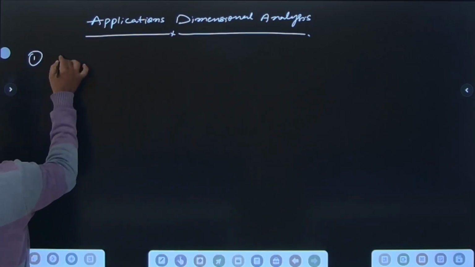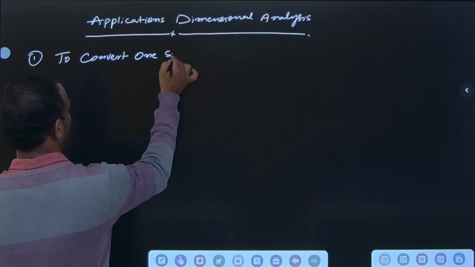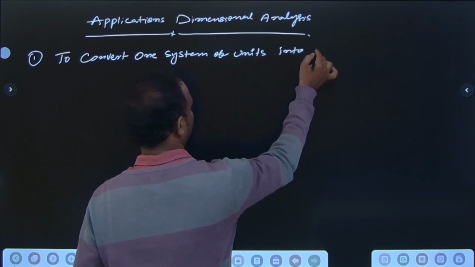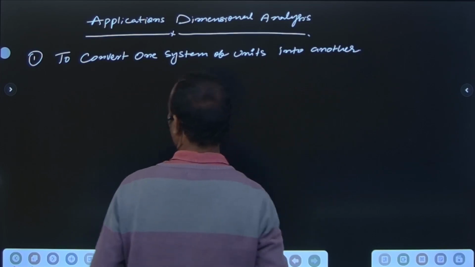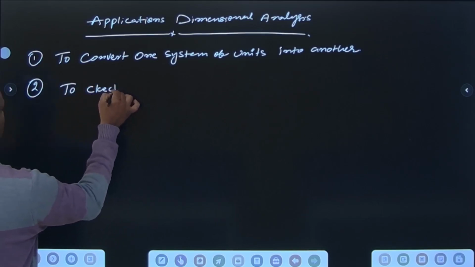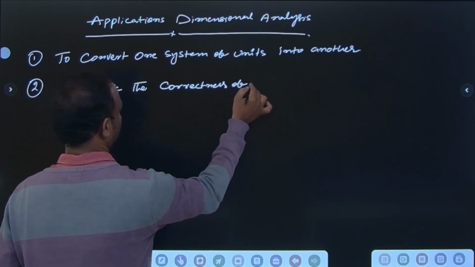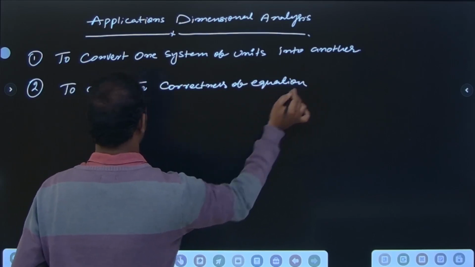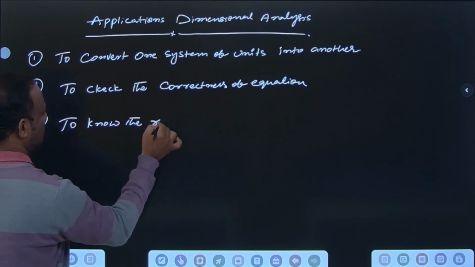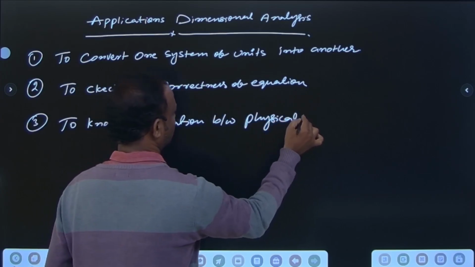First one is about to convert, okay, one system of units into another system, and next one is about to check the correctness of equation, and next one to know the relation between physical quantities.